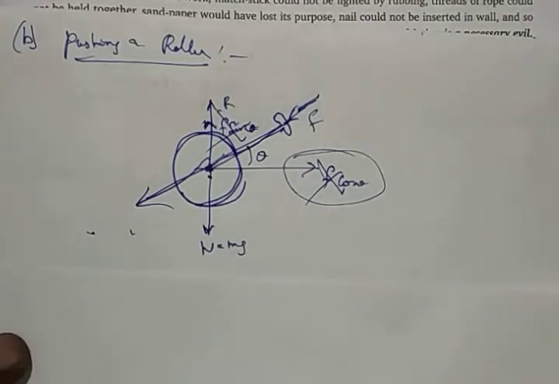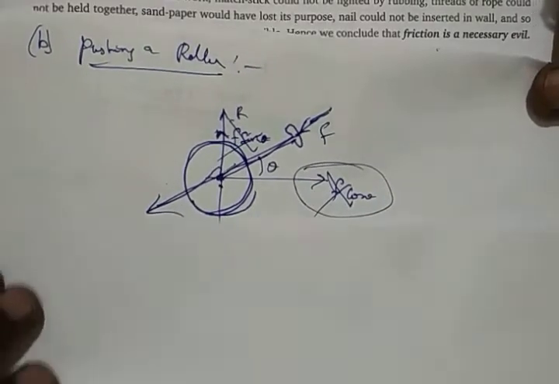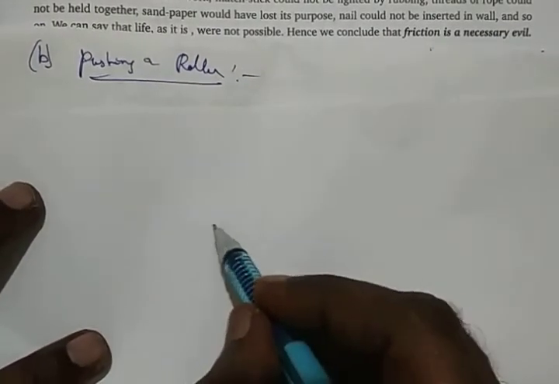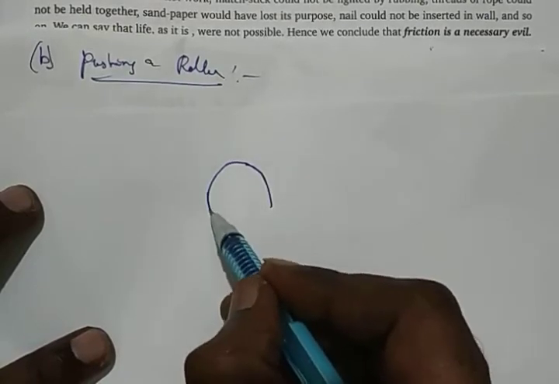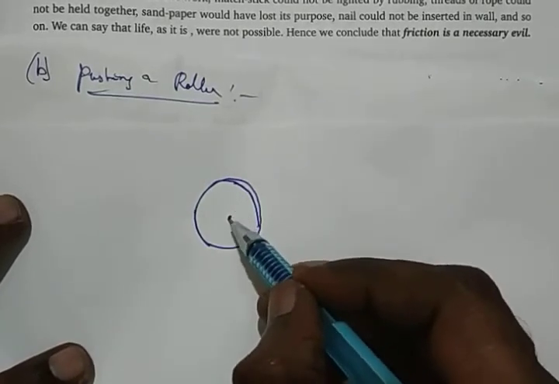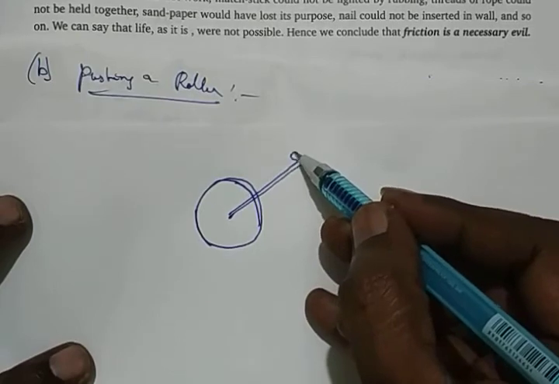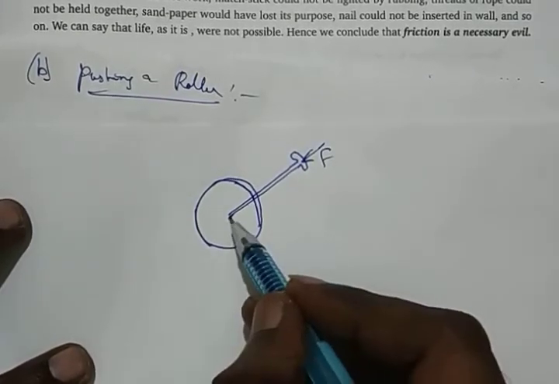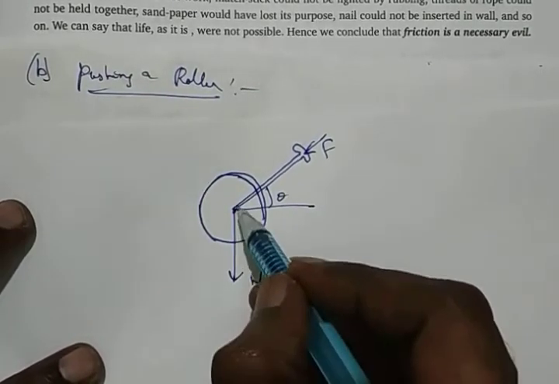So I'm redrawing the same thing, with the same kind of concept. Please redraw it. The pushing of a roller. Again, put a roller here. So there is a handle here. You try to give a push here with an angle theta. That's fine. W is definitely acting here.